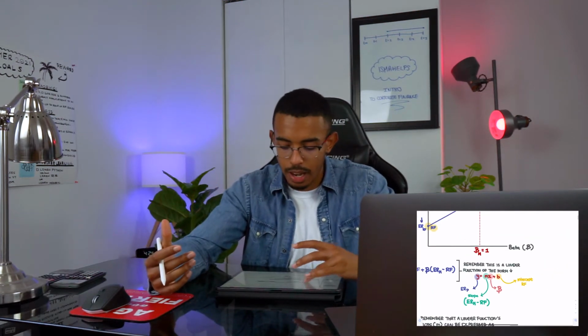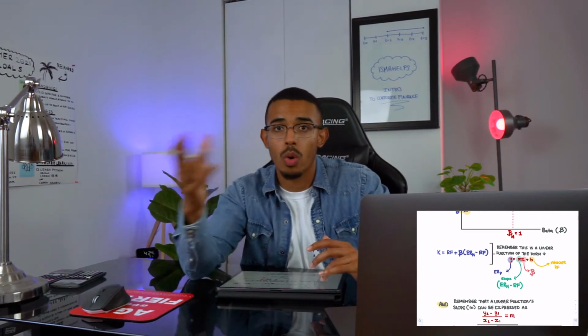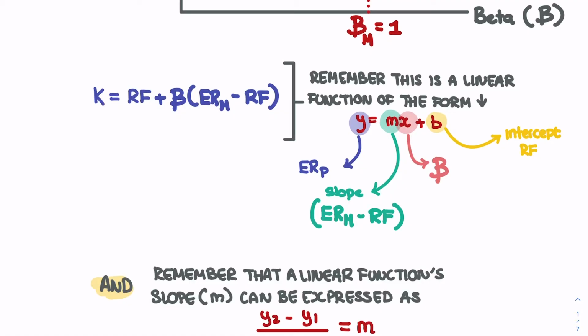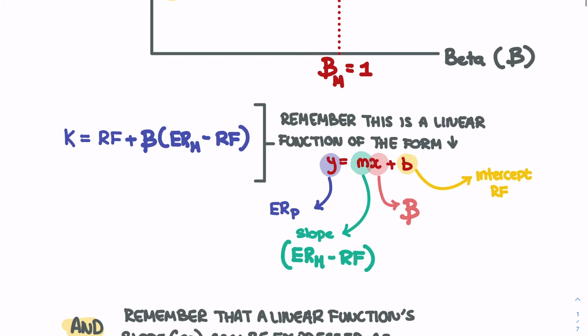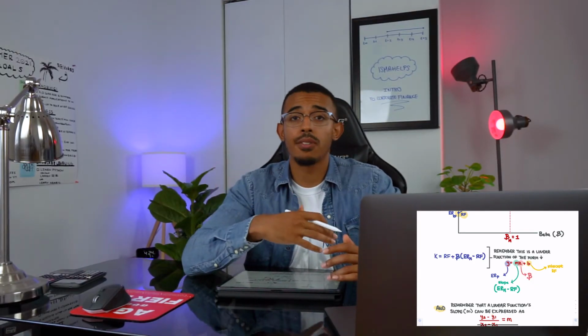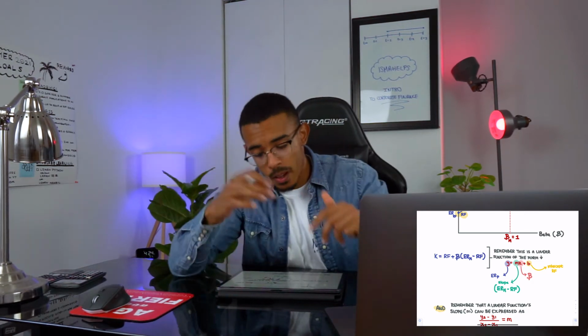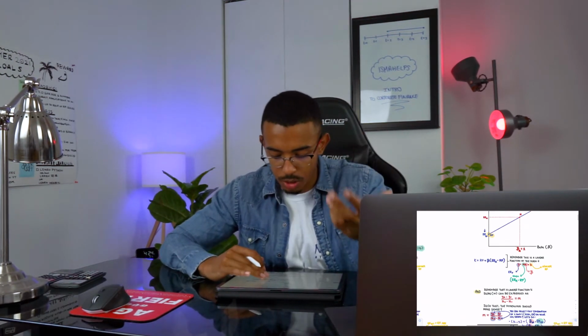The same idea applies with beta as our horizontal axis: whatever happens to K is directly dependent on whatever beta we place. That's why we discuss the return of the market being equal to K if beta is 1, because in that case, it's the same thing.